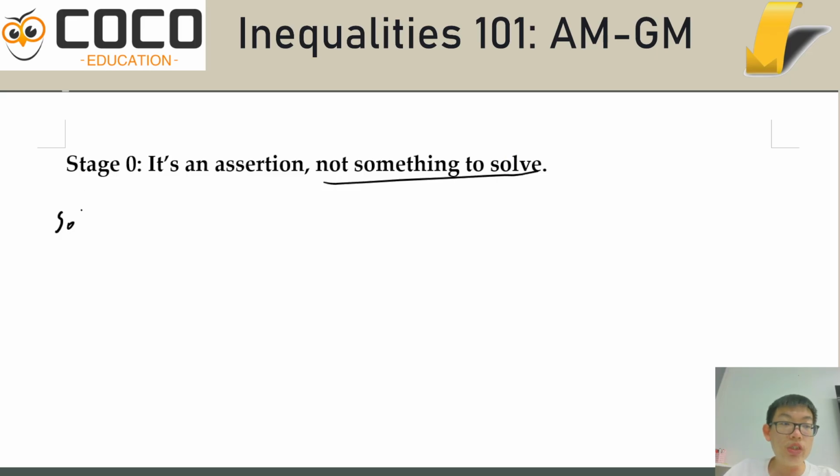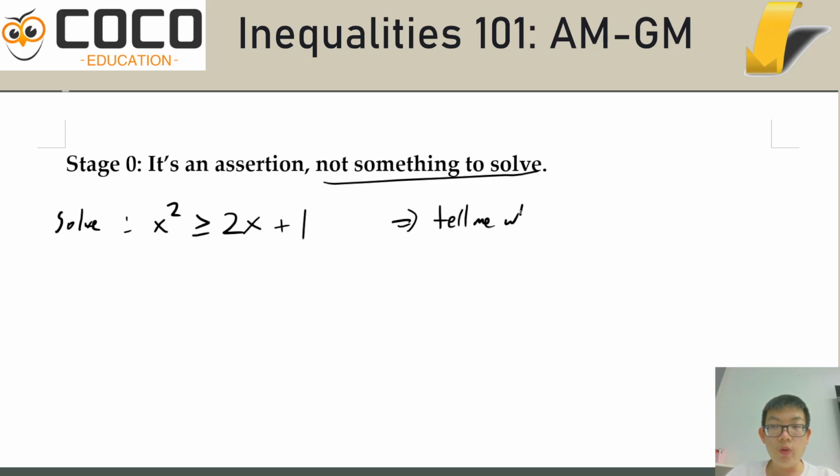Now, when I ask you to solve, let's say, x squared is greater than or equal to 2x plus 1, this means, tell me when this is true. So you can solve this in various ways.